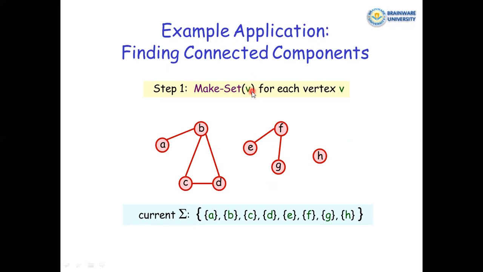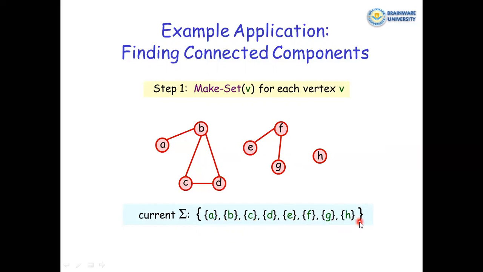So first we apply the make set function, that is make set v, where v is the vertex. We take one vertex at a time, and for each vertex we create an individual set. So all are single elements: a, b, c, d, e, f, g and h.